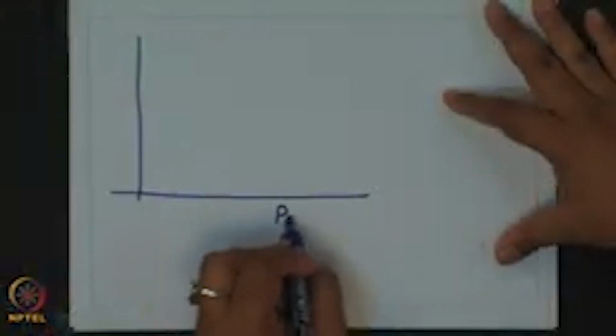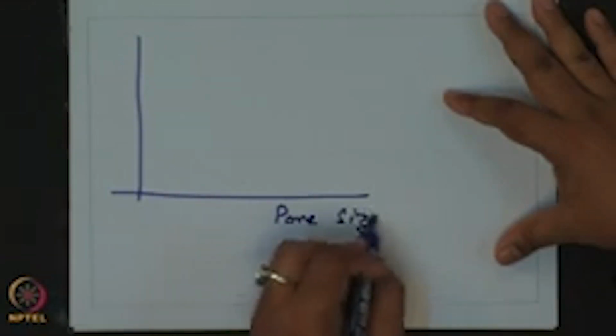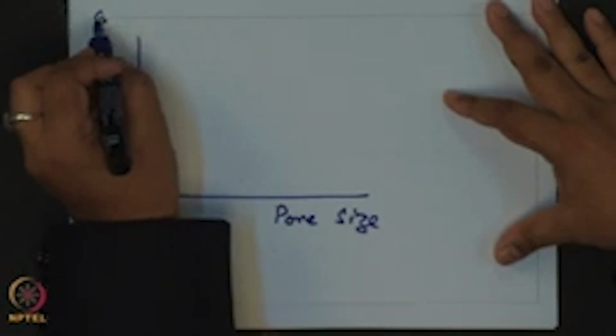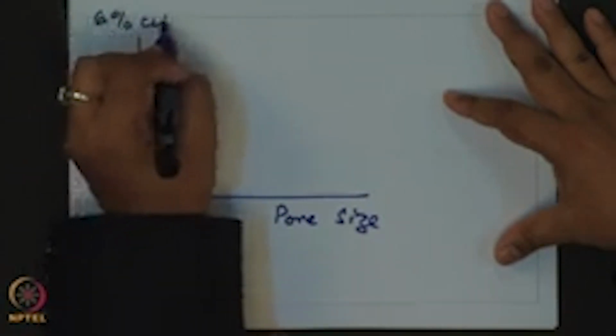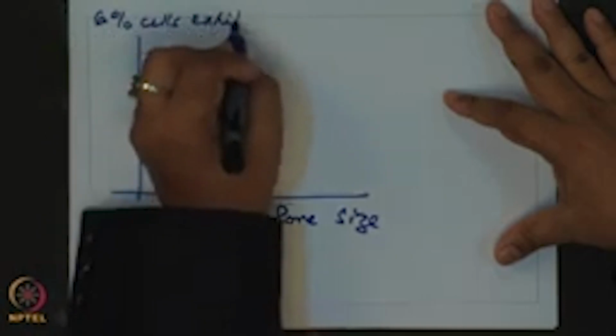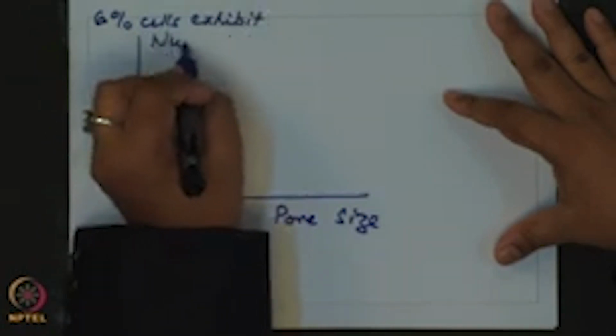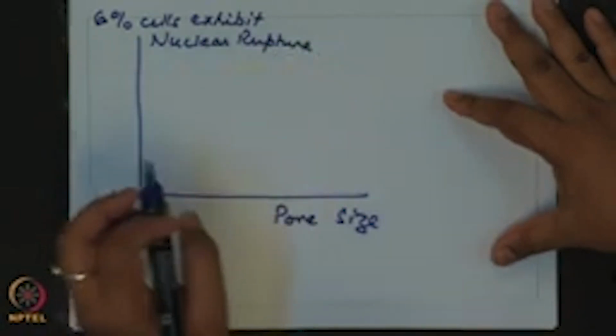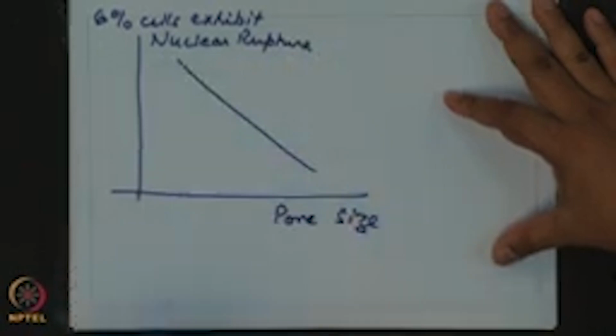And while this particular geometry was microfabricated, they have done it in multiple collagen gels, and what they found, if you find out the average pore size, and you find the percentage of cells which exhibit nuclear rupture, they found a correlation.